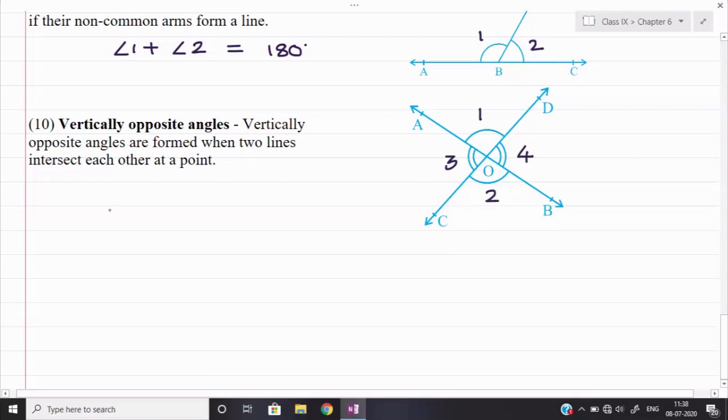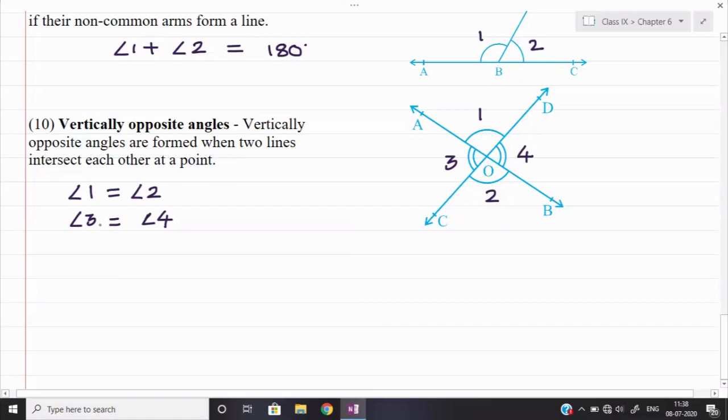So angle 1 and angle 2 are called vertically opposite angles, and similarly angle 3 and angle 4 are also called vertically opposite angles because they are just opposite to each other. These kinds of angles have one relation: angle 1 and angle 2 are always equal, and 3 and 4 are always equal. This is a theorem given in our syllabus.